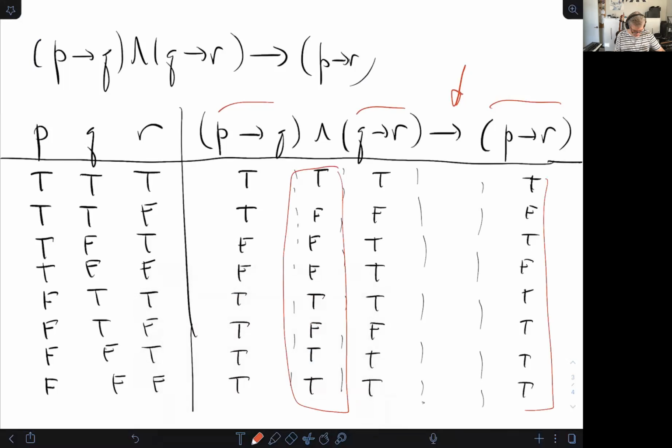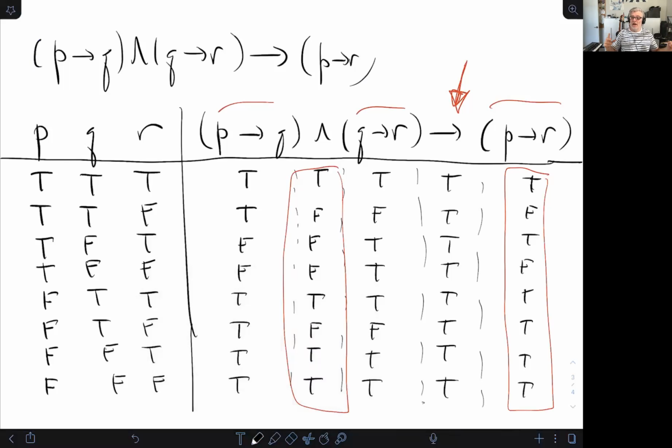This is the value of the right-hand side, and I'm going to evaluate my implication here. So again, implication will be true as long as I don't have true, false. So this will be true, true, true, true, true, true, true, and true. And I've got a tautology. This is always true.